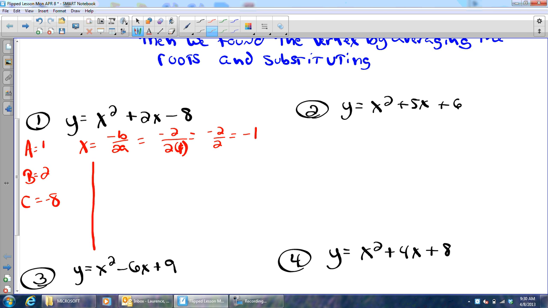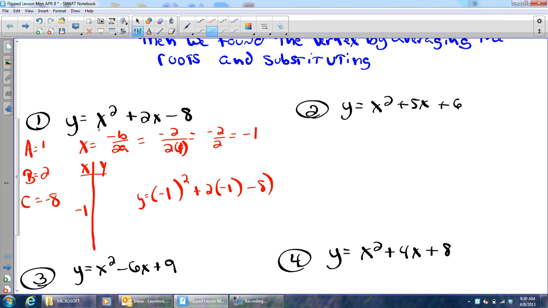To get the y-coordinate, I'm going to use a t-table. I'm going to plug in negative 1 for x: negative 1 squared plus 2 times negative 1 minus 8. This, of course, is equal to y.